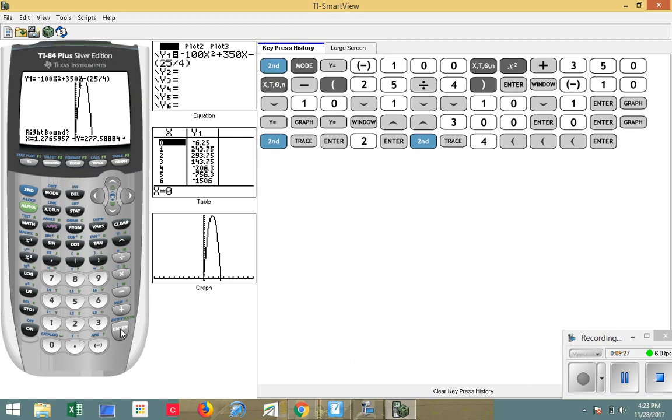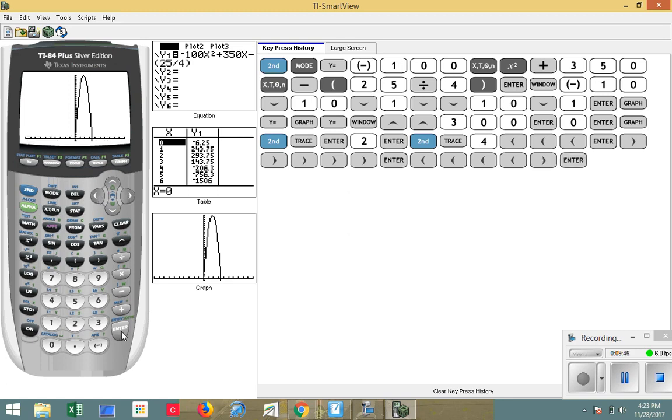Now it says right bound, so I'm going to go to the right of the vertex. I'm using the right arrow just a few times. I can see it's to the right now, and I'm hitting enter. Then guess: I'm going to try and get it just about on the vertex. It doesn't have to be perfect, but it has to be close. It looks like it's about on the vertex, so I hit enter a third time. It's telling me 1.75 approximately and 300, which means, remember, X is our price and Y is our profit.